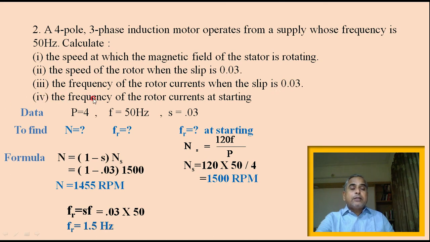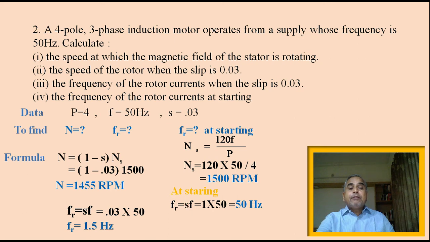The fourth one is the frequency of the rotor current at starting. What is the equation for the rotor frequency? It is s times f. Then what is the slip at the time of starting? We know that at the time of starting n is equal to 0, therefore slip s is equal to (ns minus n) divided by ns, that is equal to 1.